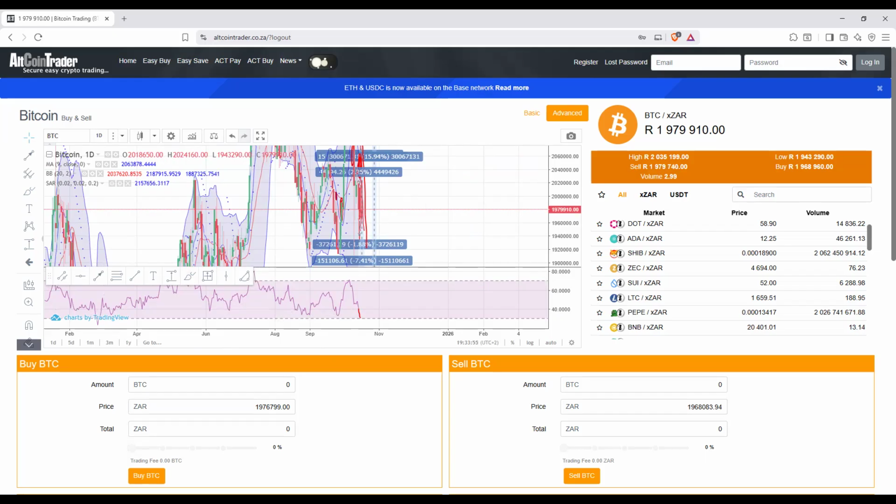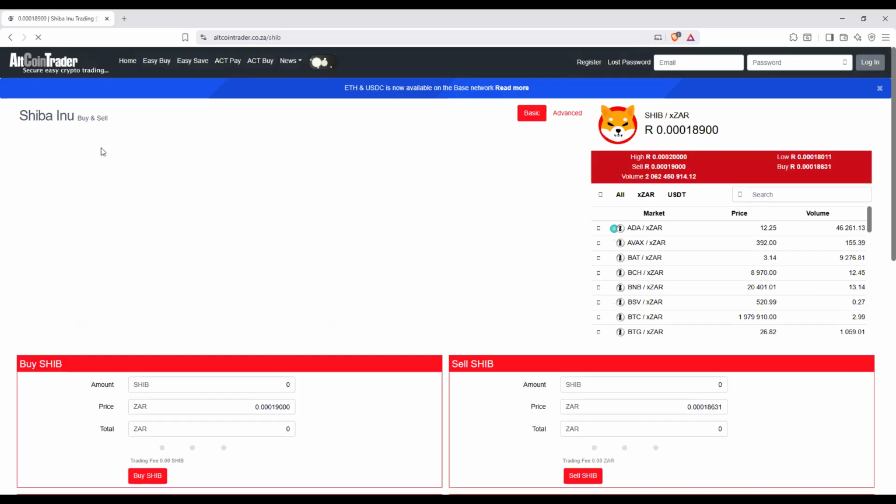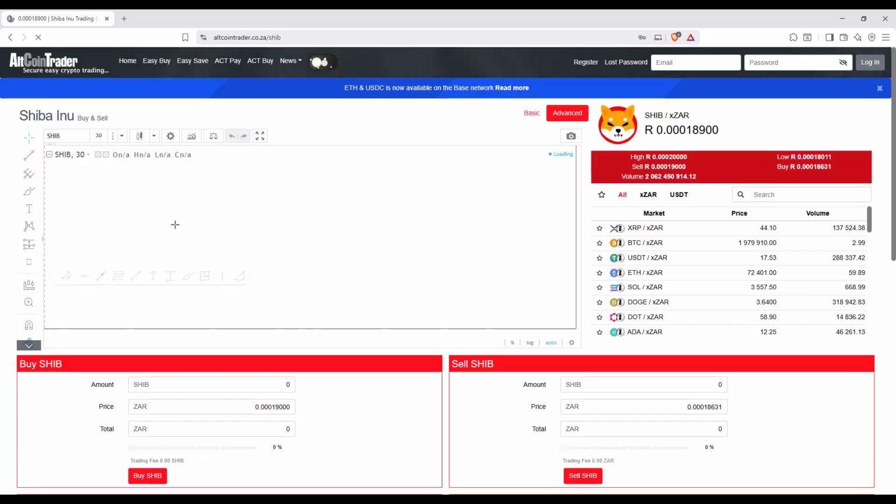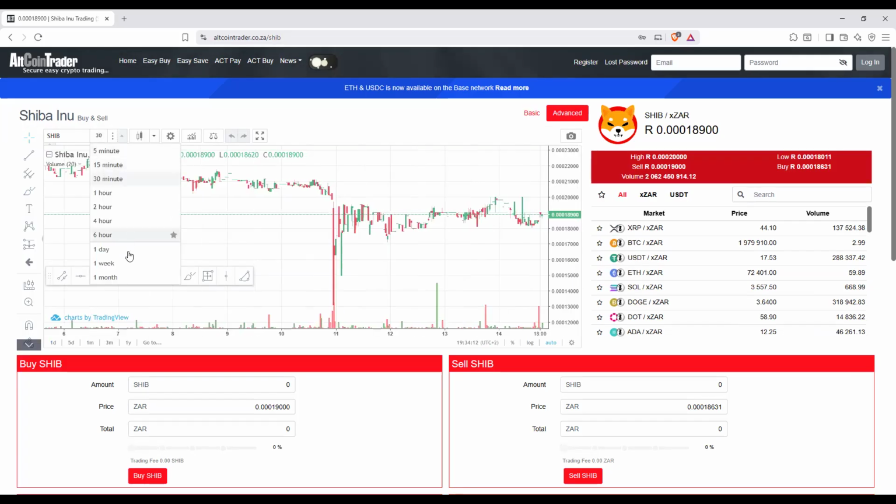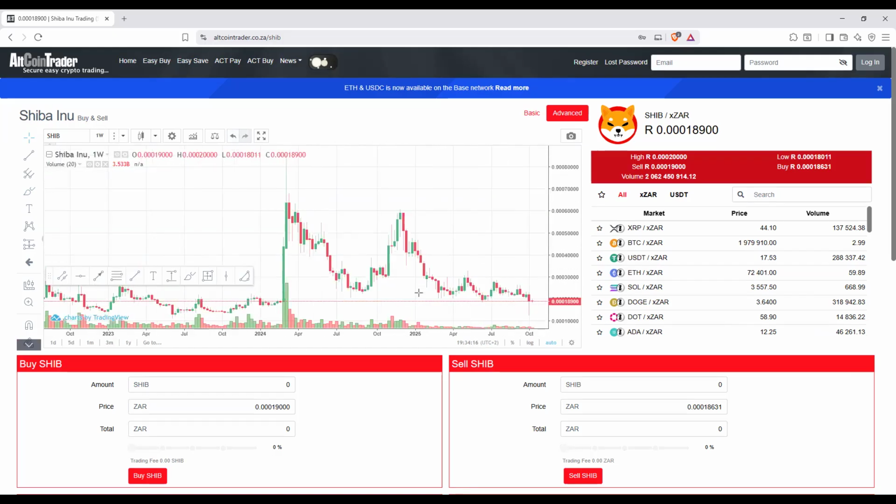And then I'm saying there's a big correction coming. We are going to rather trade the cheaper coins that are already at their low point, that have already hit rock bottom, like Shiba, and can give us good returns on our capital. Look at Shiba's price.